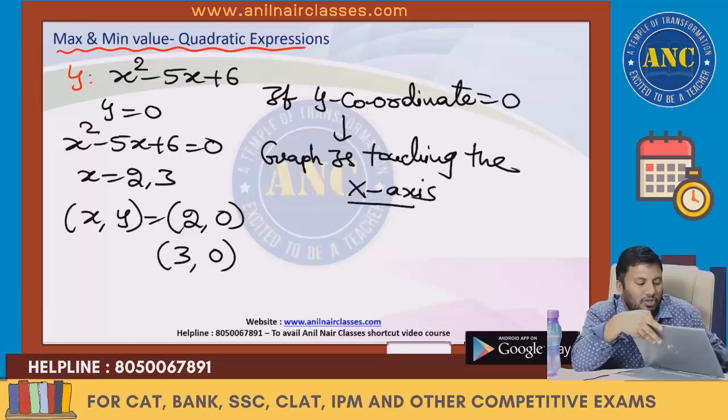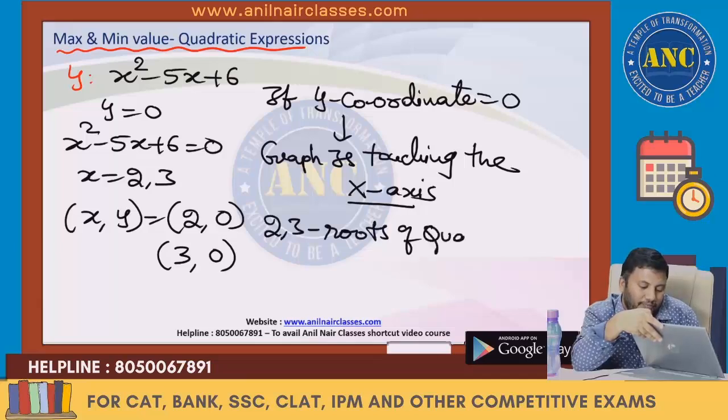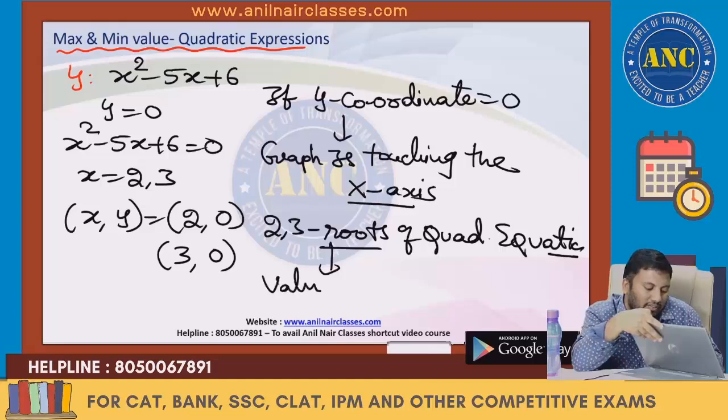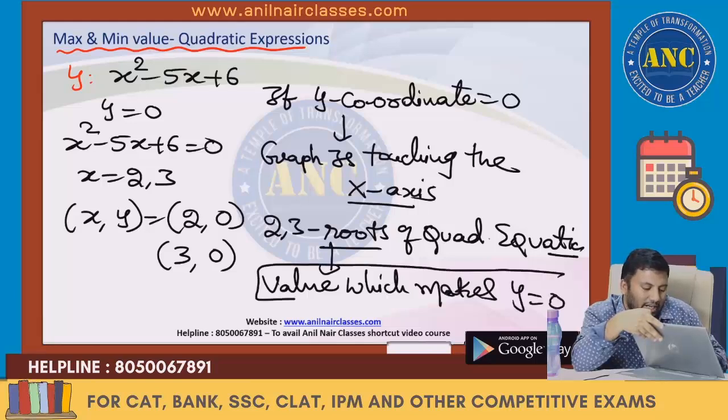In other words, 2 comma 3 are called the roots of the quadratic equation. What do you mean by a root? A root is a value which makes y equal to 0, which makes the y coordinate 0.